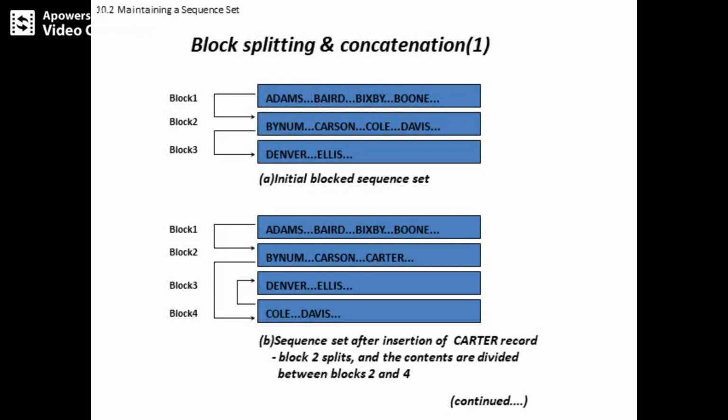So suppose you consider this, here I can see block splitting and concatenation. In this particular part, you can see this is the first block, block 1, this is block 2, and this is block 3. That is the initial block, the sequence set. I can call the whole together a sequence set, right?